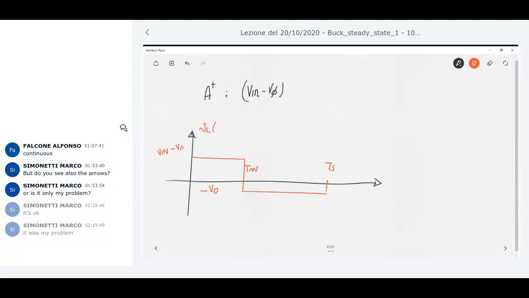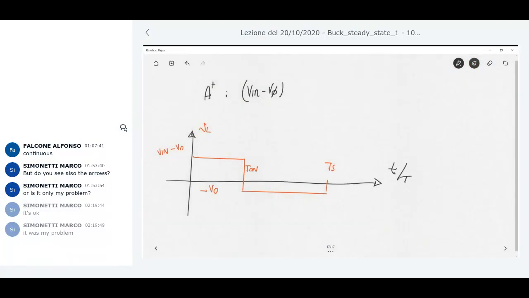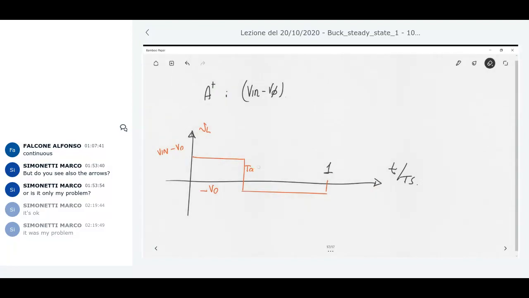Okay. So, as I said before, nothing changed. If I rescale the time axis dividing by Ts, in that situation, this is no more Ts, this is 1. This is no more Ton. This is the duty cycle, D, because Ton divided by Ts is the duty cycle.